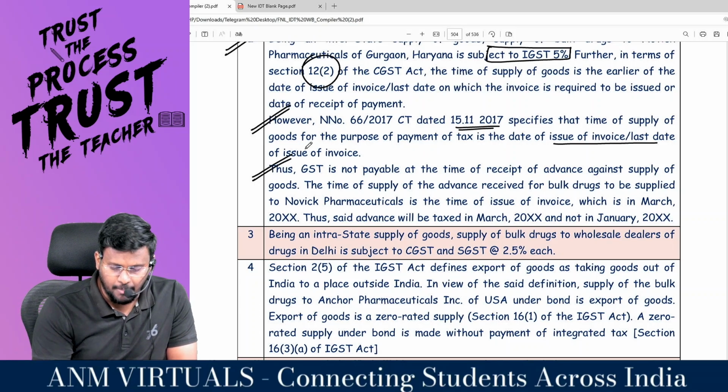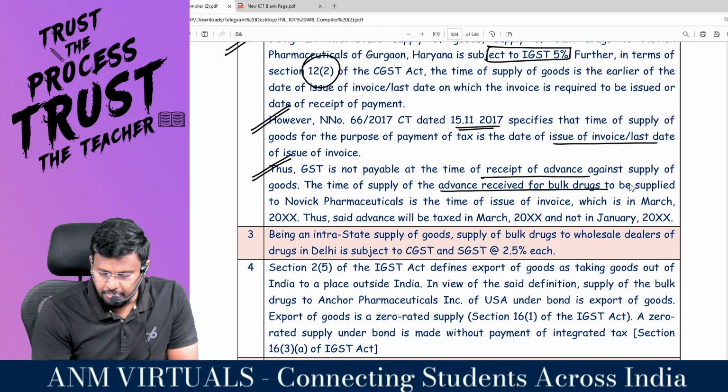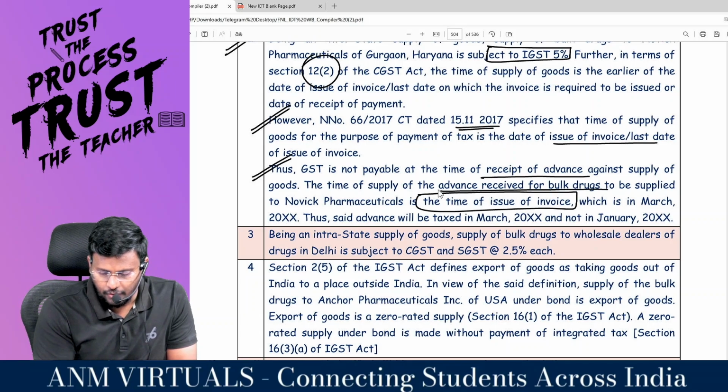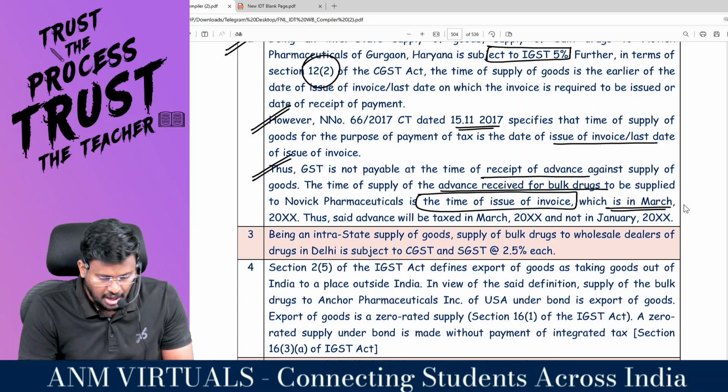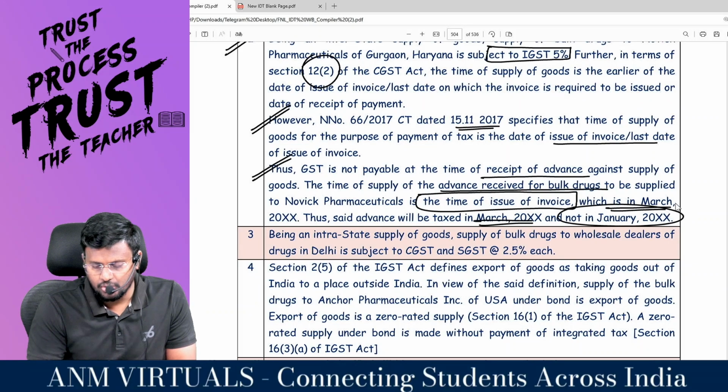Thus, GST is not payable at the time of receipt of advance against supply of goods. Time of supply of advance received for bulk drugs to be supplied to N Pharmaceutical is the date of invoice, which is in March. Thus, said advance will be taxed in March and not in January.